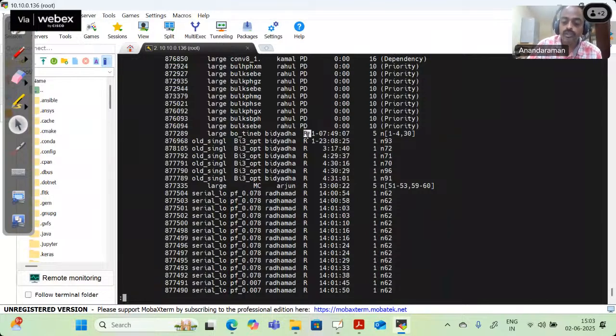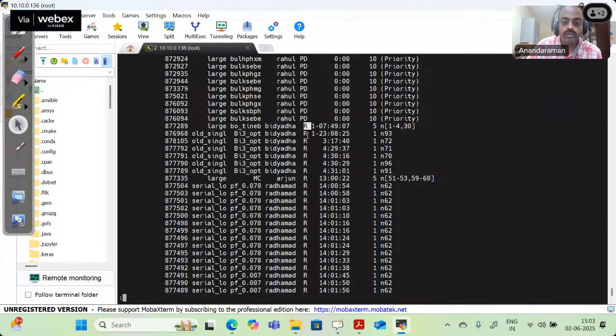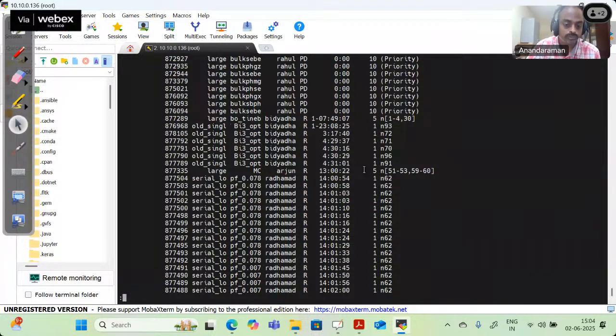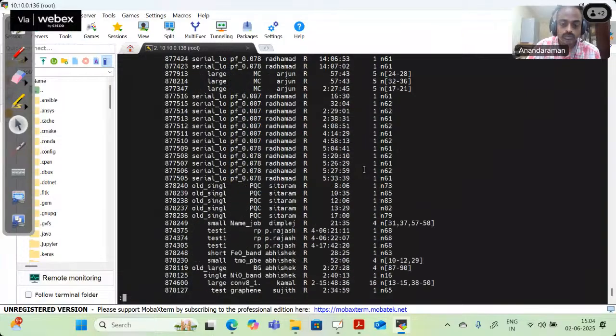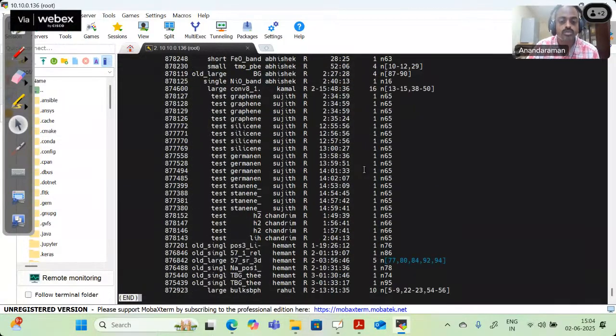This job is running on node 93, which is the node number. It is running on one node. This one is running on 5 nodes. 5 nodes means, since each node has 40 cores, 5 into 40, 200 cores. This job is running on 200 cores, and this one is also 200 cores. This one is running on 40 cores. So this many jobs are running.